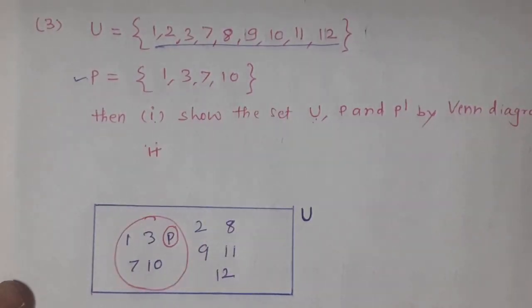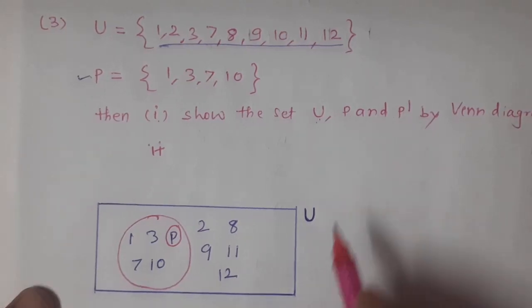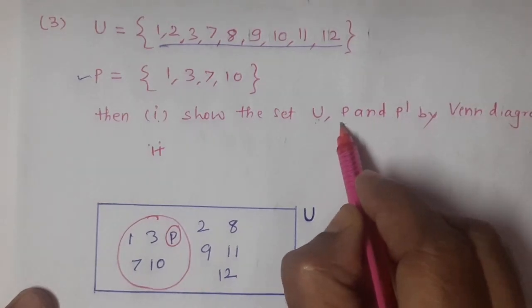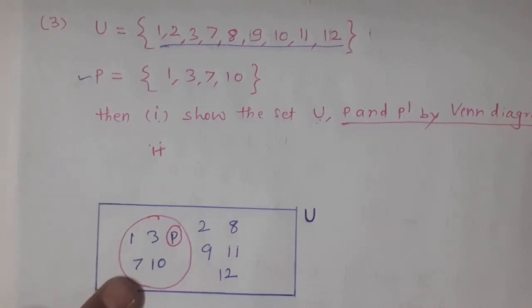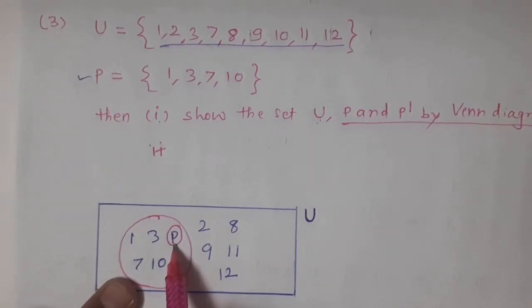Now second, we have to verify what P dash is. First of all we have to find out what P dash itself is, so P and P dash by Venn diagram. Whatever element is in P should not be in the other subset.